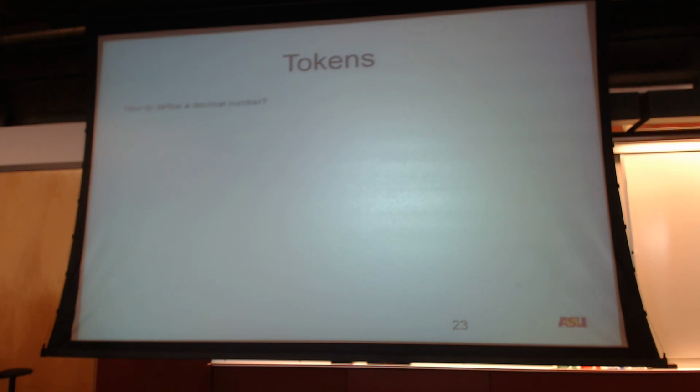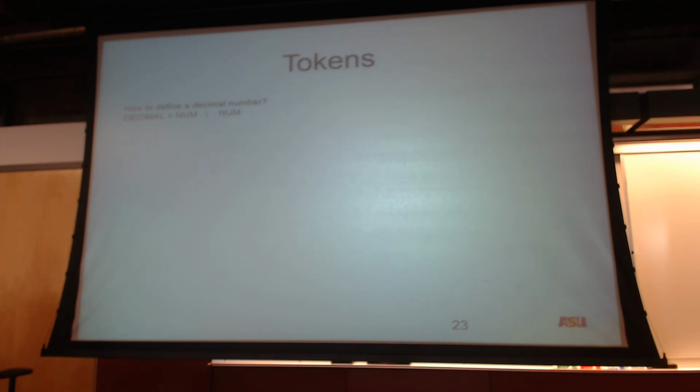Now how do you define a decimal number? For a decimal number, you need to have a dot somewhere in the alphabet. So what we say is that decimal number is num concatenated with dot concatenated with num. Now why do we have that weird expression slash dot?